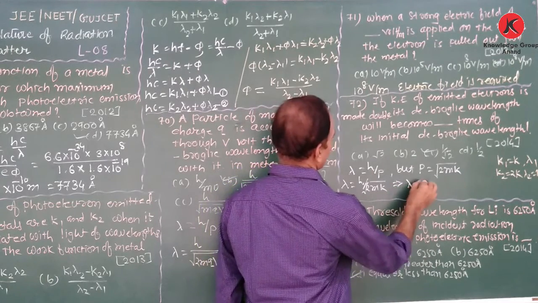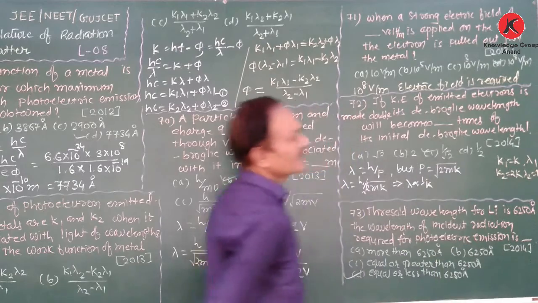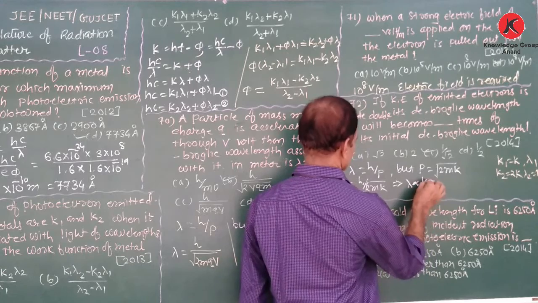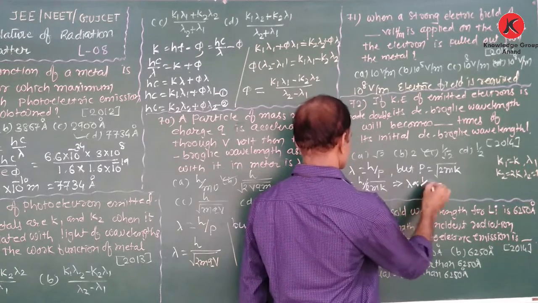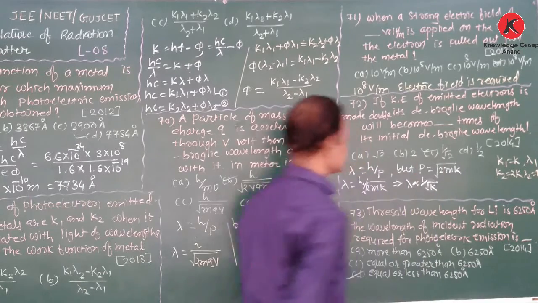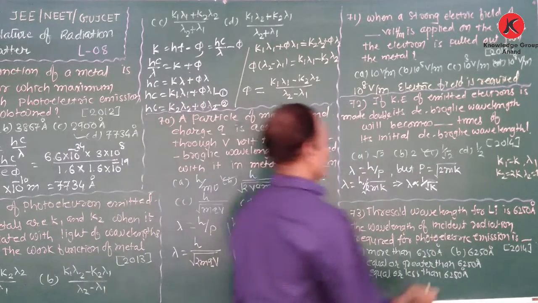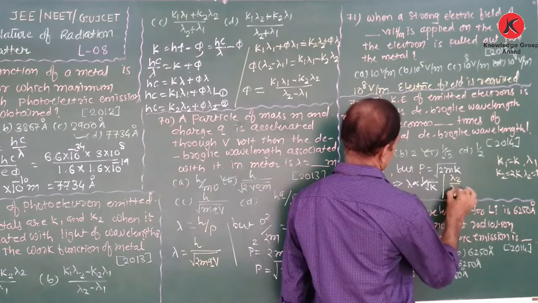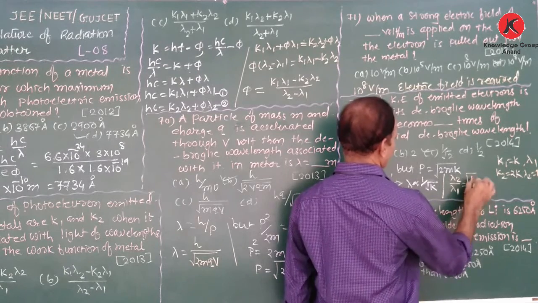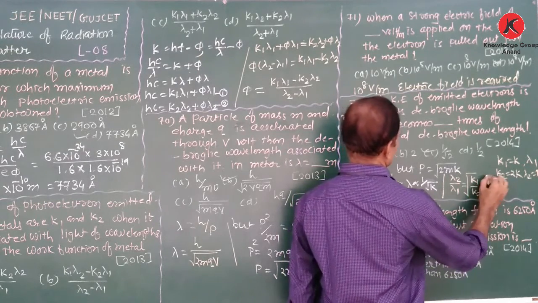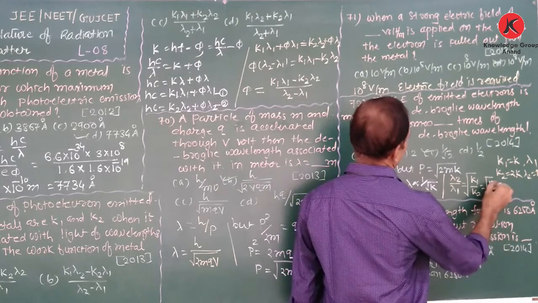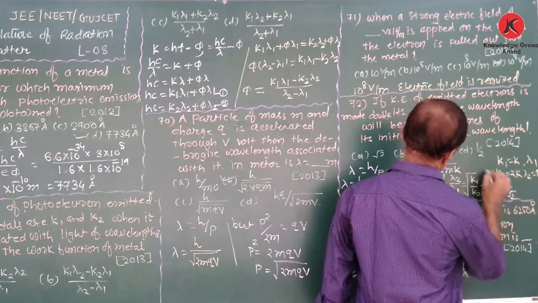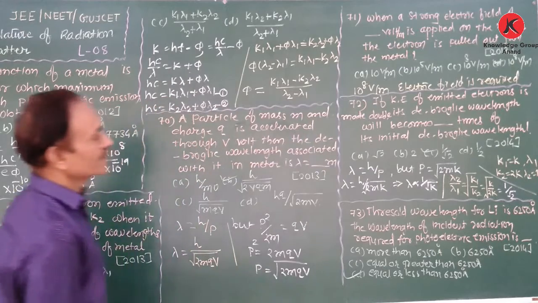Therefore, lambda is proportional to 1 upon under root of K. Therefore, lambda 2 upon lambda 1 is equal to under root of K1 upon K2, which is equal to under root of K upon 2K, which is equal to 1 upon root 2.